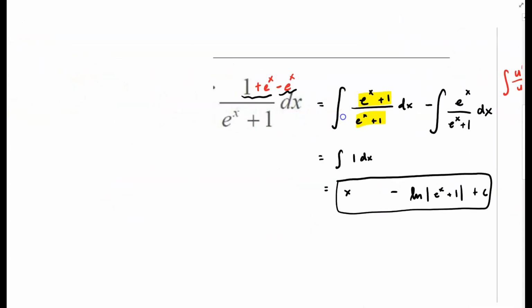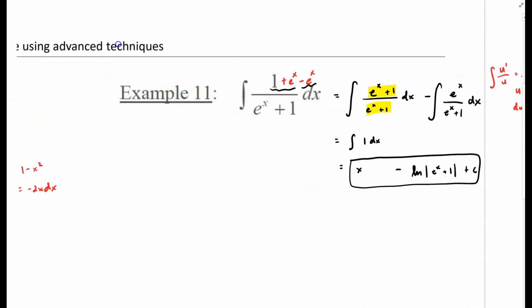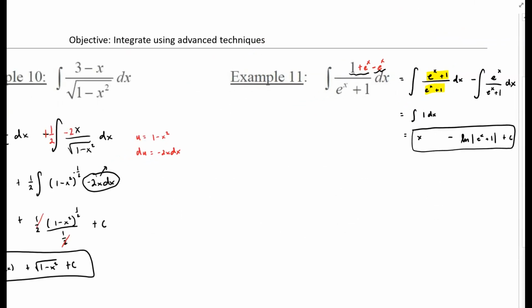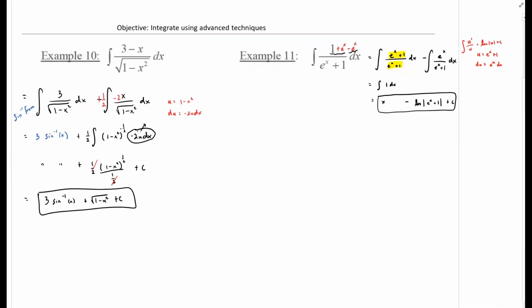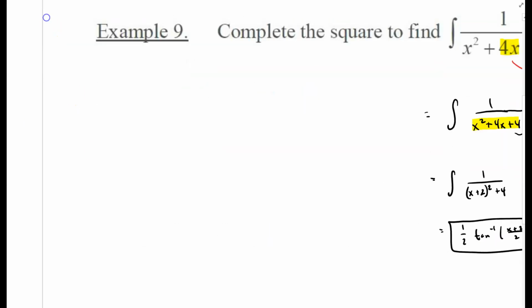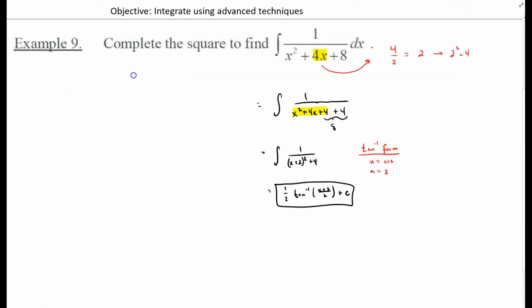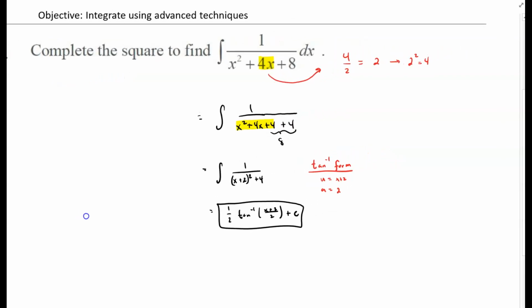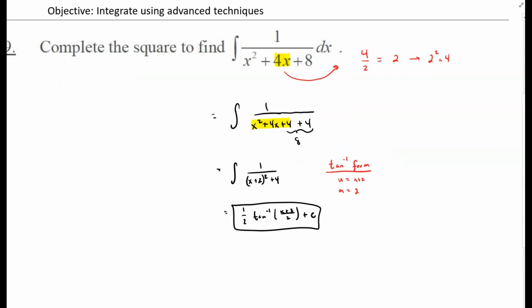All right. So that's going to do it for this video on advanced integration techniques. Just summarizing the techniques we went over. We went over completing the square, which is here. Sometimes if you have a quadratic where substitution's not working, you can complete the square and put it in a tan inverse form, and that's what we did here.